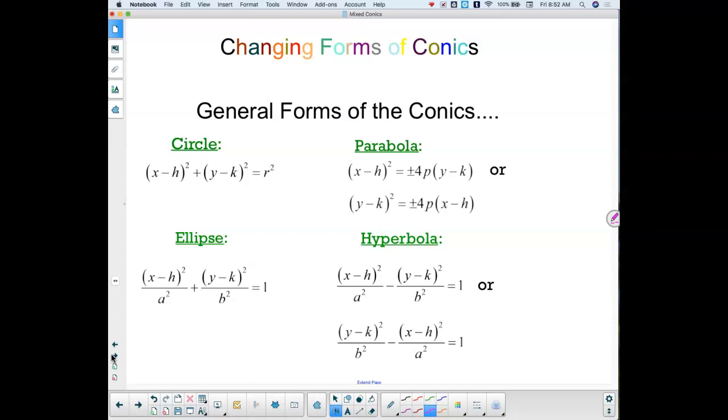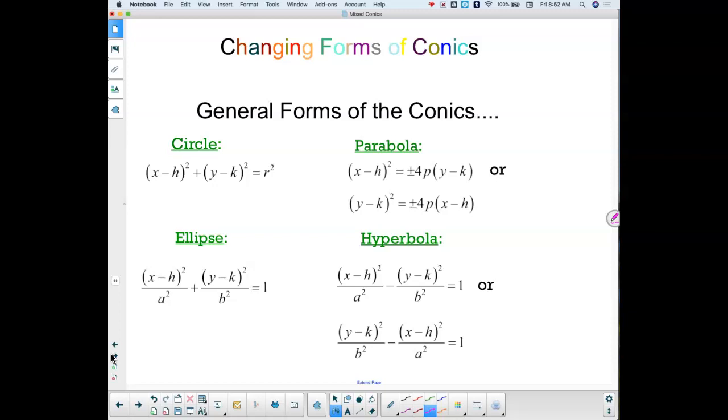In an ellipse, x minus h quantity squared over a squared plus y minus k quantity squared over b squared equals 1. In a hyperbola, we've got those two. The top one is for left and right. The bottom one is for ups and downs.